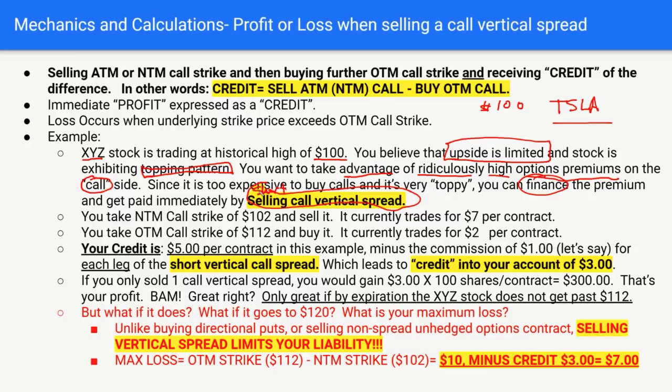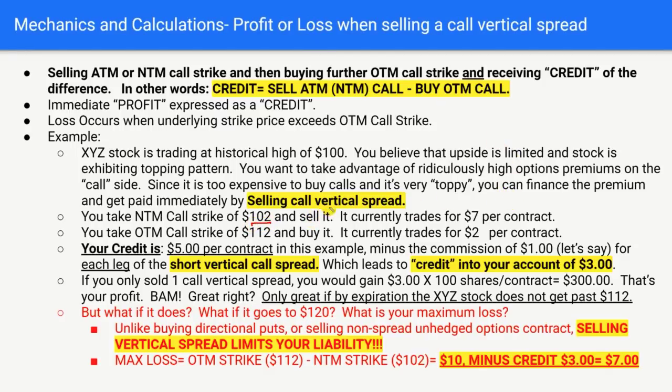You take the near the money call strike. Remember, it's trading at $100, so we're going to take the 102 and sell it. That means you get money in your account, a credit for whatever it's trading for. It's currently trading at $7 per contract, which means it's going to give you $700 in your account.